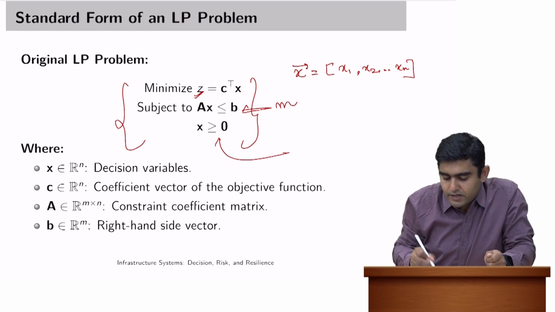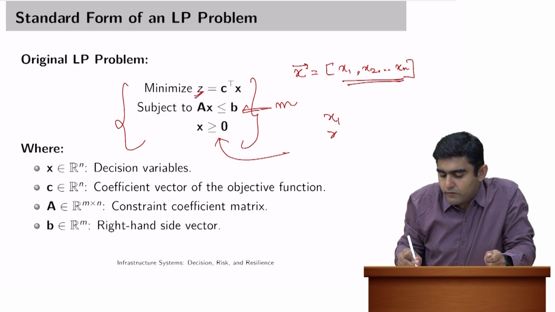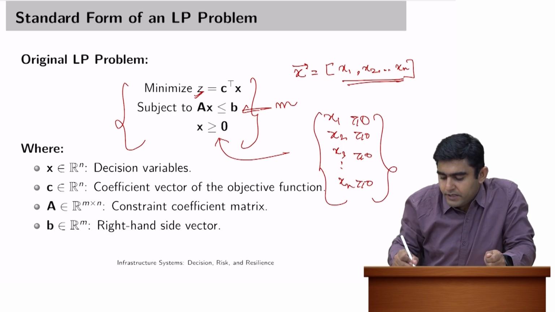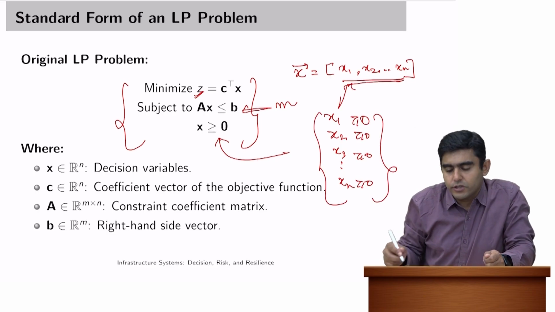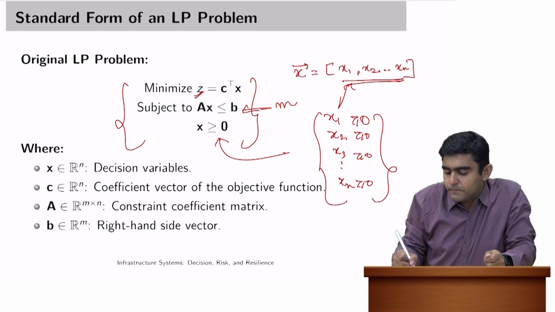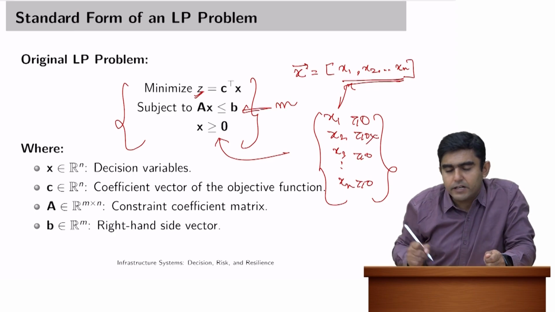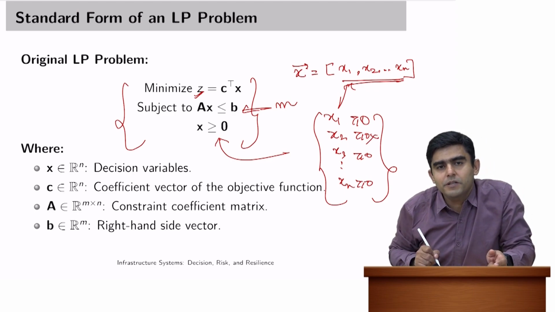There is another constraint on all the variables themselves, that all of these have to be greater than or equal to 0. This is an important constraint that we have to abide by in all the solutions. If this constraint is violated, then our solution is not going to be feasible.